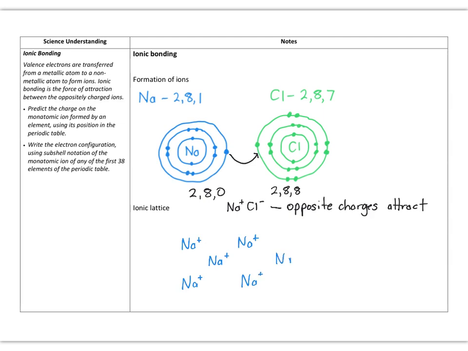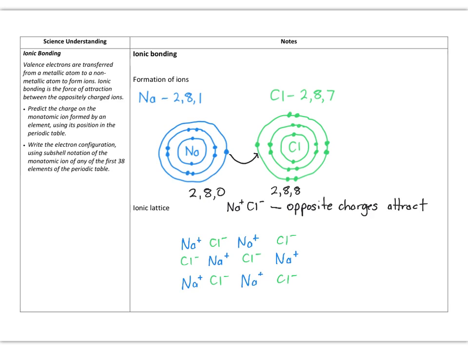You would see this continuous lattice of the positively charged sodium ions and the negatively charged chloride ions, something like that. So that would be the structure.